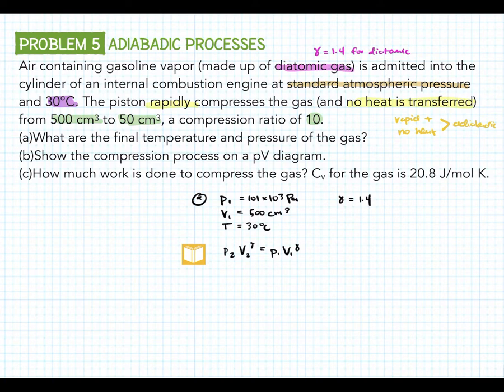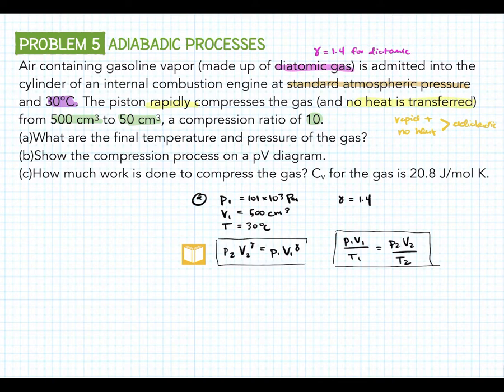We also know for all PV equals nRT, if we have a constant n, so this is a closed system, molecules aren't getting in and out, we can always use P1 V1 over T1 is equal to P2 V2 over T2. This one is true in general, for every state. Sometimes we just cancel some of these, like if we have constant pressure, we can get rid of the P. And the other one is true for adiabatic processes, and it's a little bit trickier.